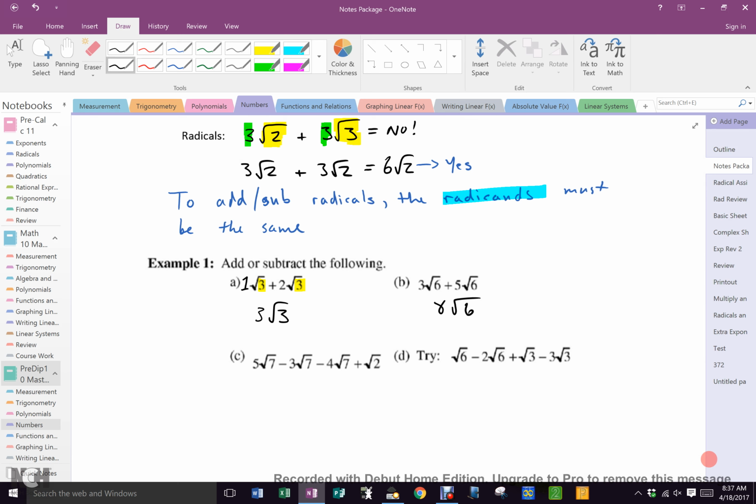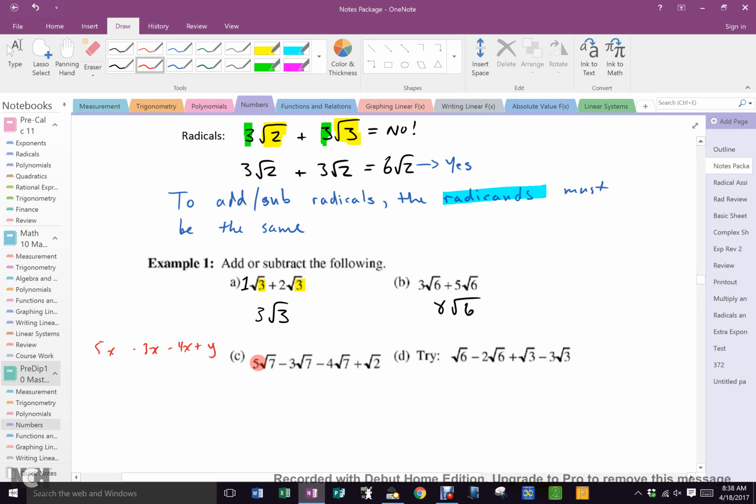Now remember, it's exactly the same as variables. So this is what you think: 5x minus 3x minus 4x plus y. That's what you think. So what do you do?